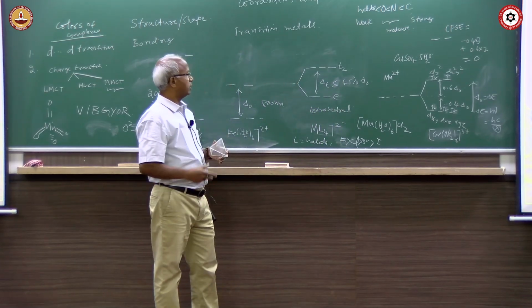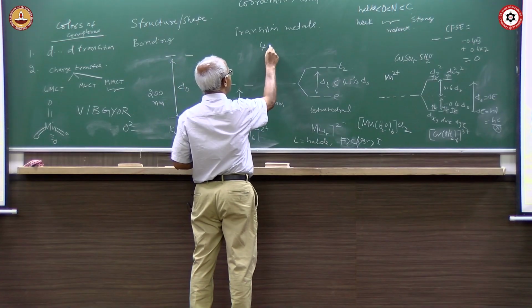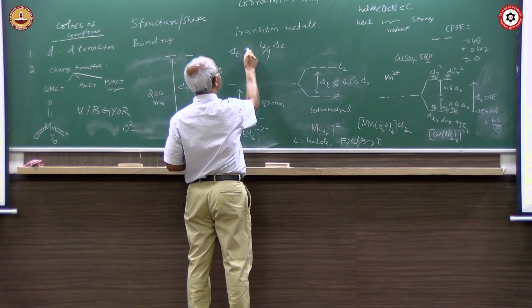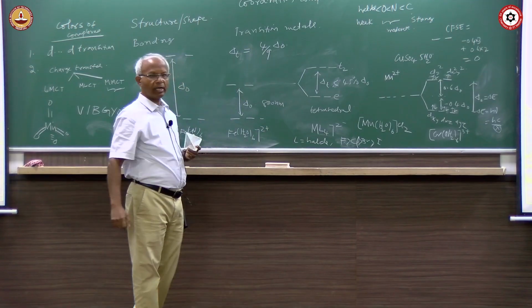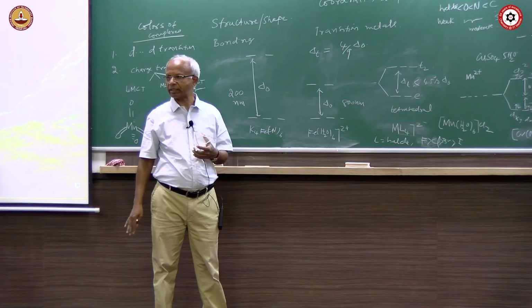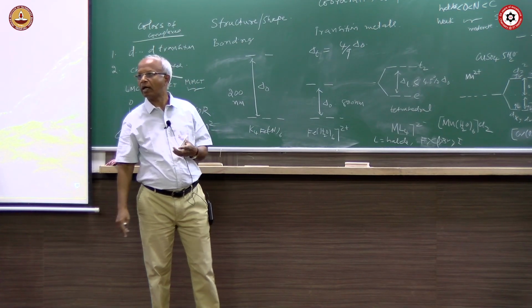So it is 4 by 9 delta O. Delta T is equal to 4 by 9 delta O. So that means it is almost 50% less than.